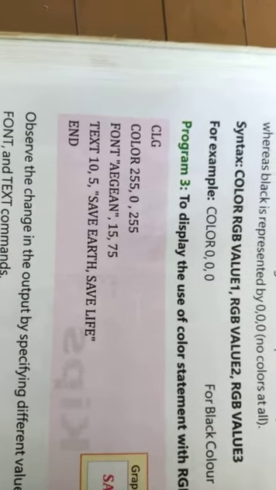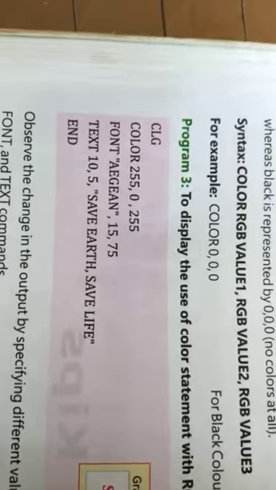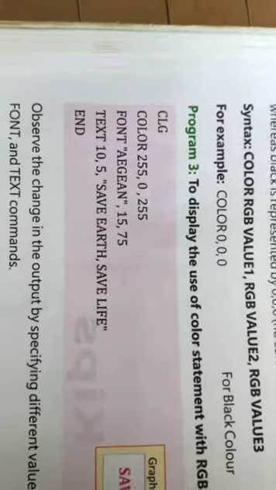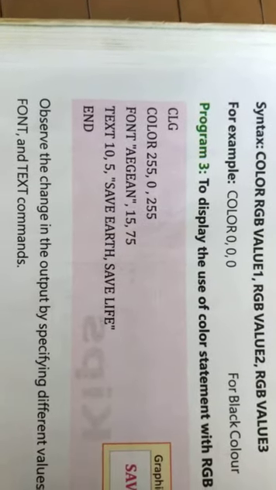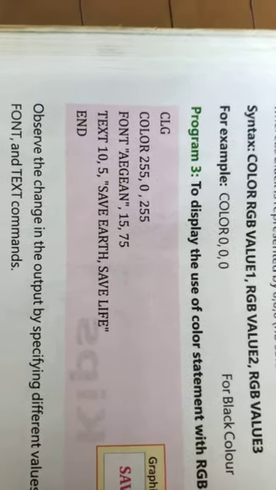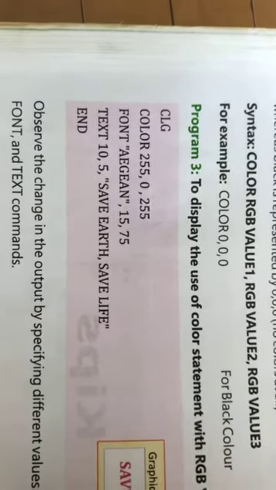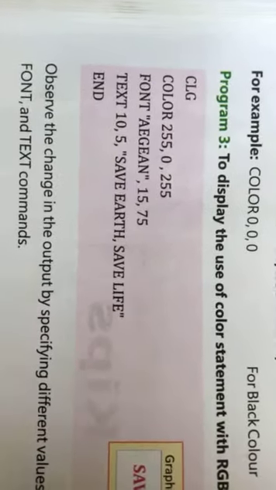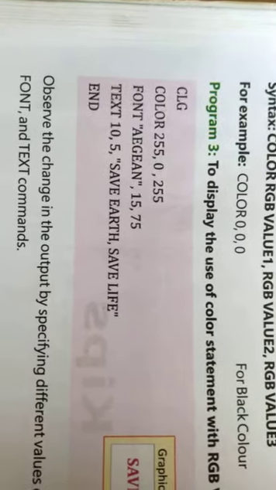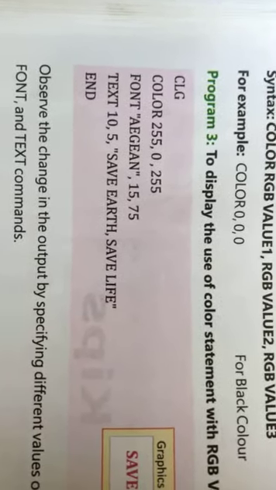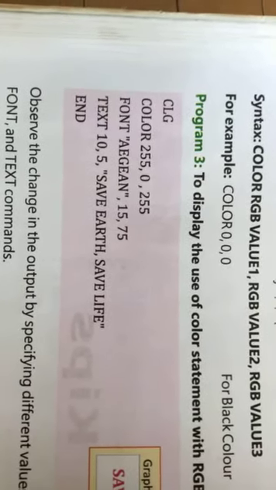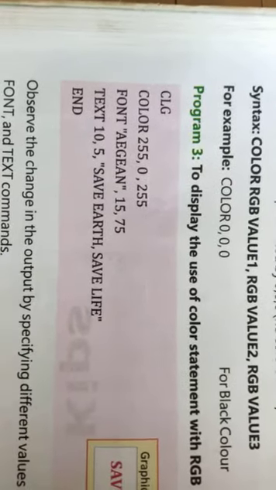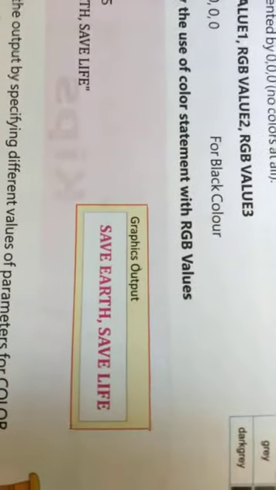CLG for clearing the screen, then color 255, then font, you have to assign which font you want to use here, the size of font, then text, and then you have to write the x-axis, y-axis coordinates, then a particular word or the sentence you want to print on your screen, and after that you have to end the program, and then click on the run button. Then you will get the output like this.